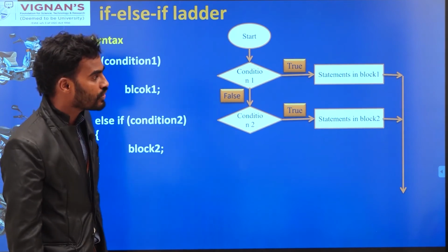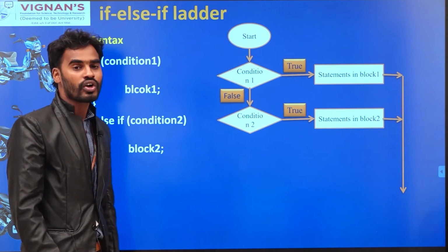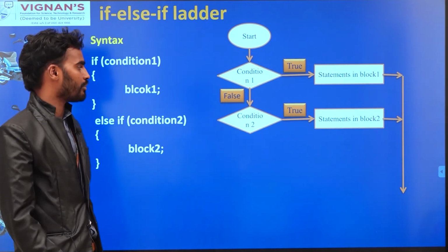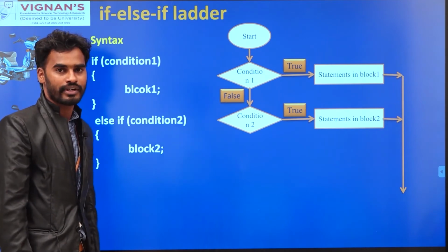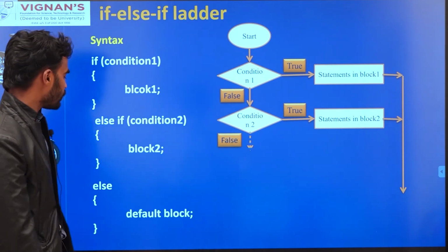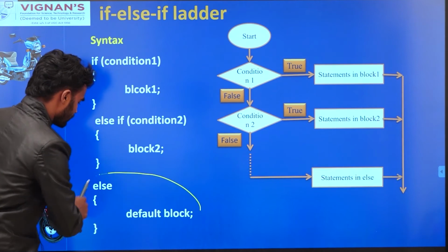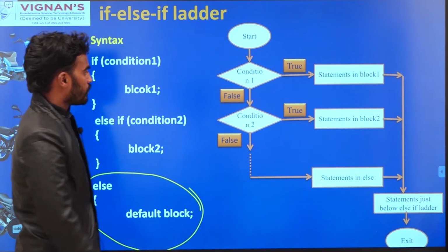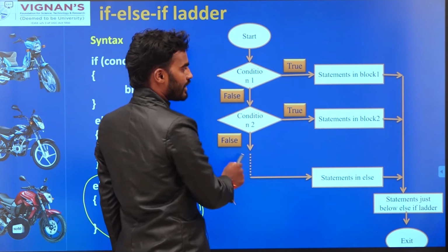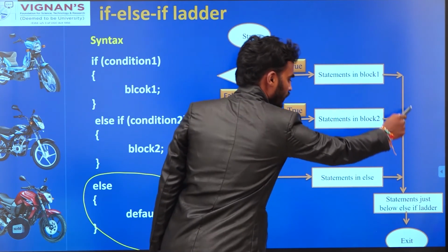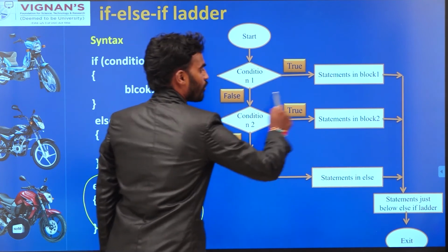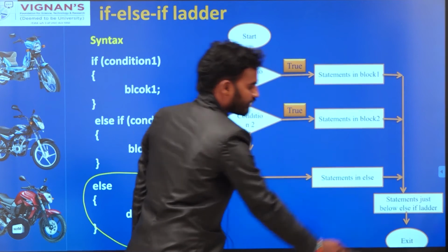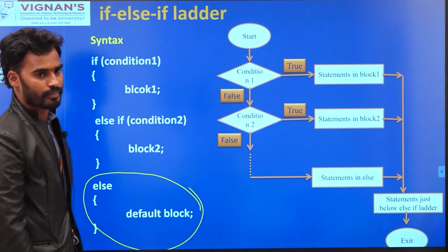If you want to execute some set of statements when no condition is satisfied, then you have to specify those statements in the else block. So if condition 1 is satisfied, then the statements in block 1 will be executed, the remaining blocks will be skipped, and then the statement just below the else if ladder will be executed.